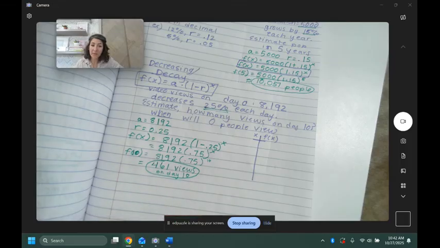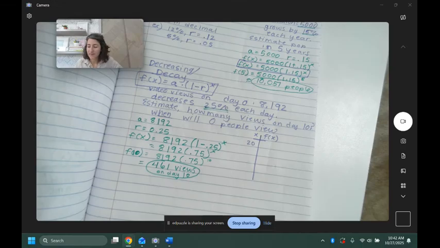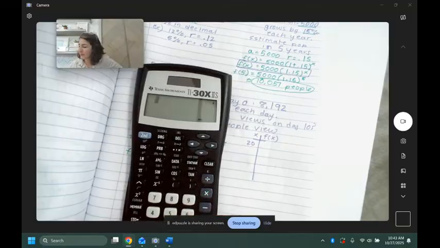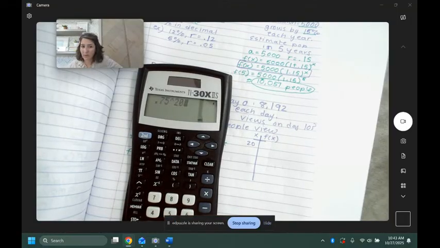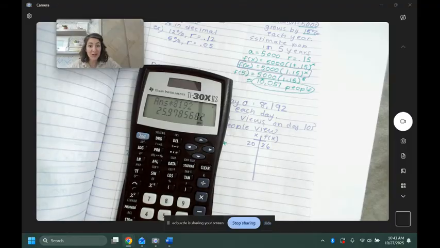So let's plug in some other numbers and see if I can get closer to 0. So let's see, if I plug in 20, I'm going to get 0.75 raised to the 20 times 8,192. Ooh, 26 views. It's getting much lower.